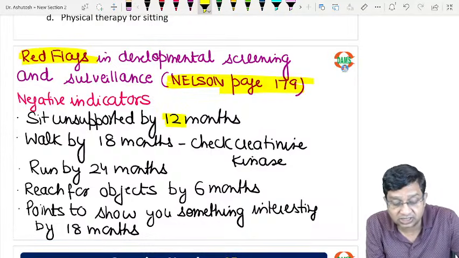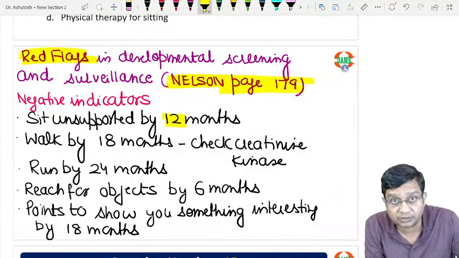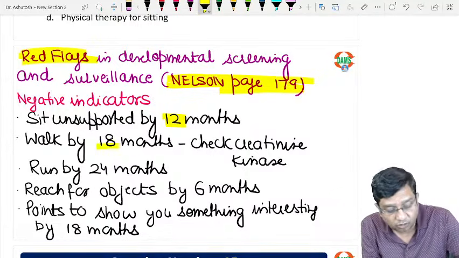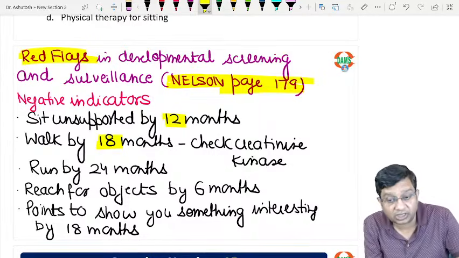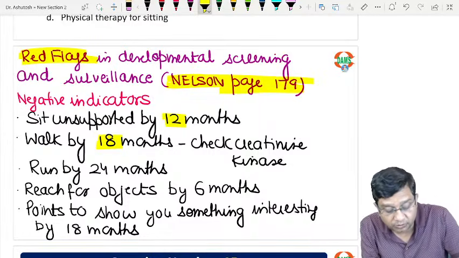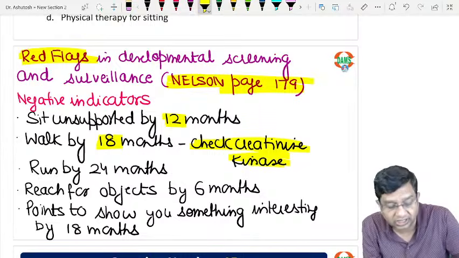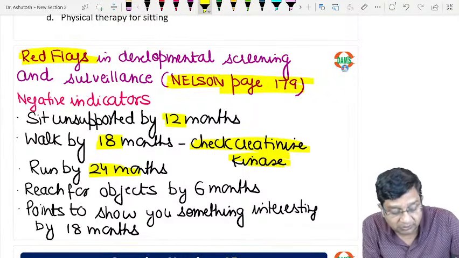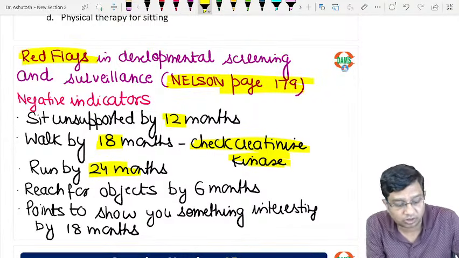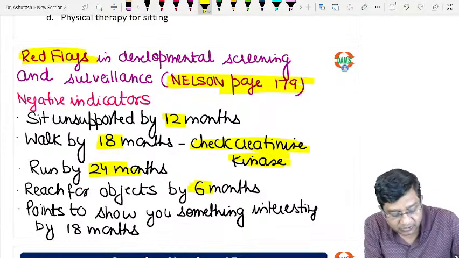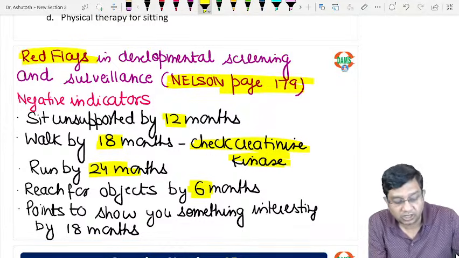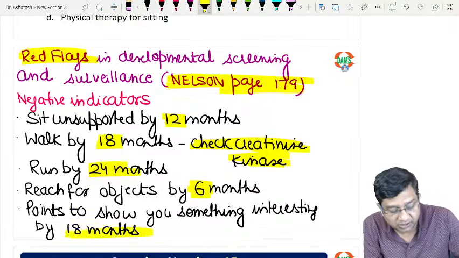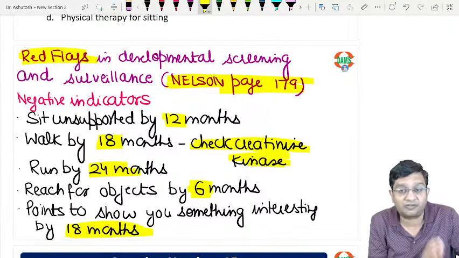Does not walk by 18 months. Now again the question asks what is next to be done. You should check the creatine kinase. The child does not start running by 24 months, it is a question of worry. Does not reach for objects by 6 months, again a question of worry. Does not point to show you something interesting by 18 months. These are the red flags here.